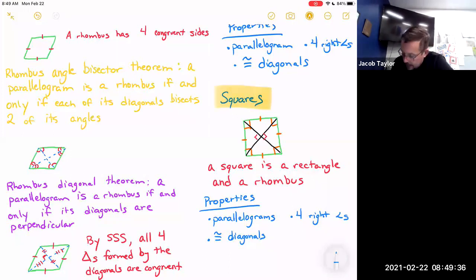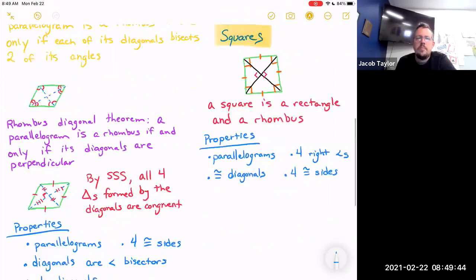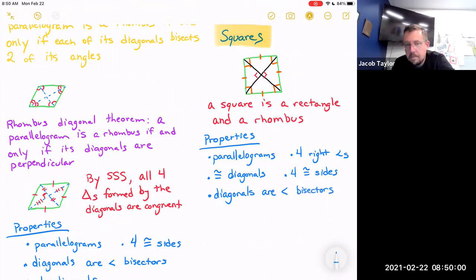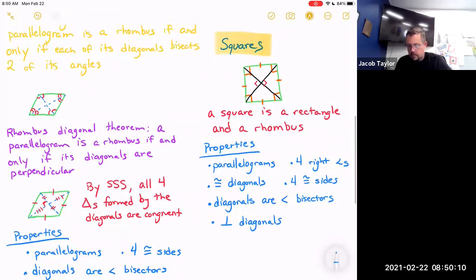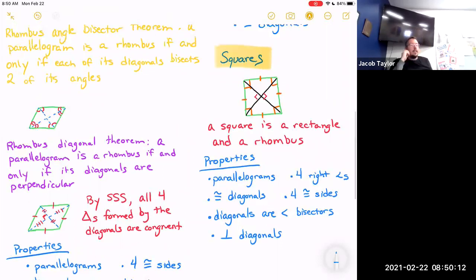They have 4 congruent sides, just like a rhombus. Their diagonals are angle bisectors. And their diagonals are perpendicular. Give you just a minute to catch up there.